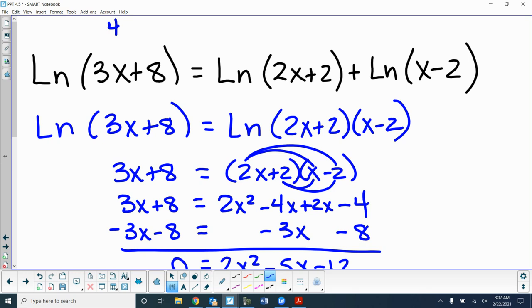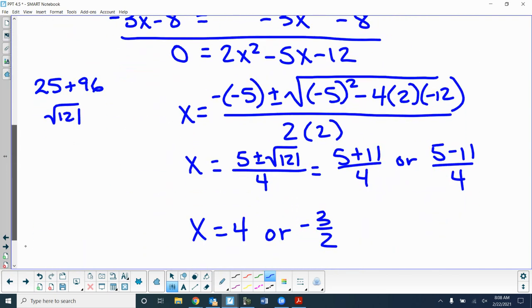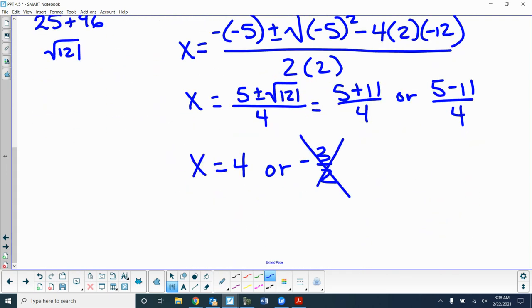And then a negative 3 halves was the other one, right? 3 times negative 1 1/2 is a negative 4 1/2. Plus 8 would still be positive, so this side's okay. 2 times negative 1 1/2 would be negative 3 plus 2 would be a negative 1. I can't take the natural log of a negative. So that negative 1 doesn't work because I'd be trying to take the natural log of a negative.